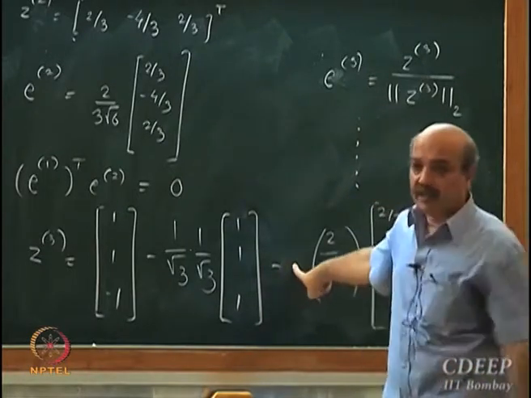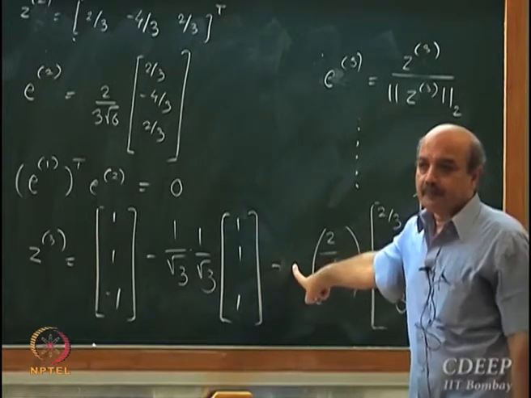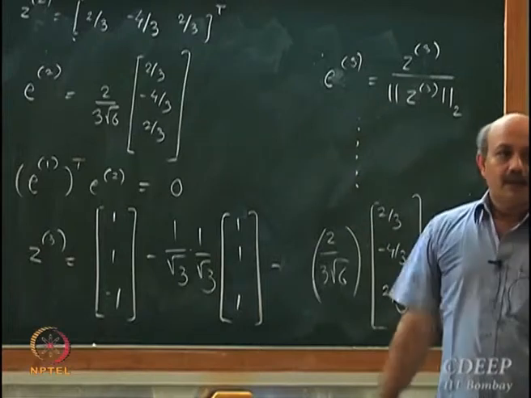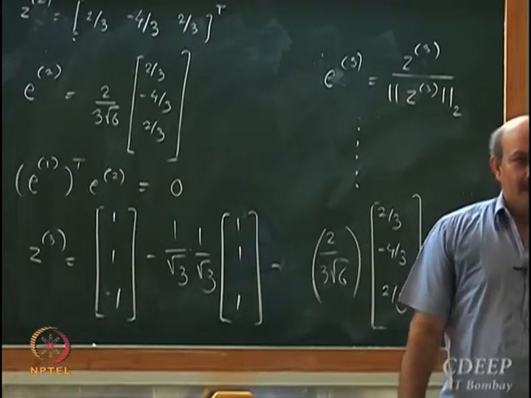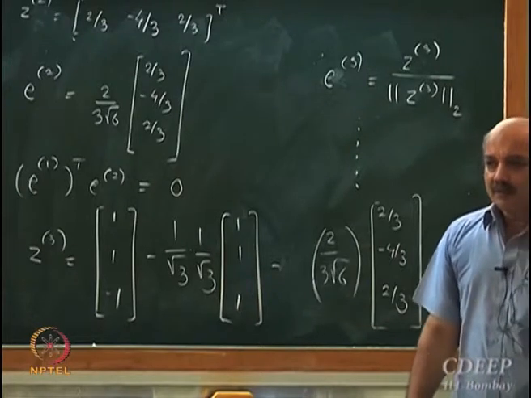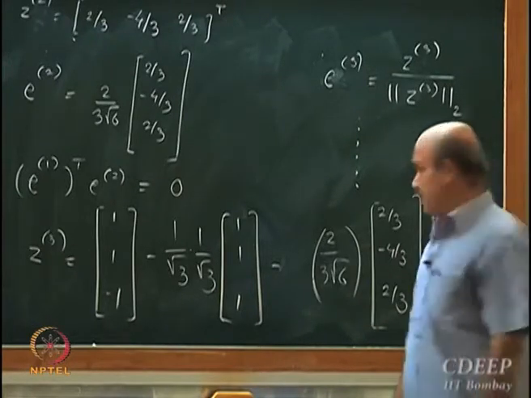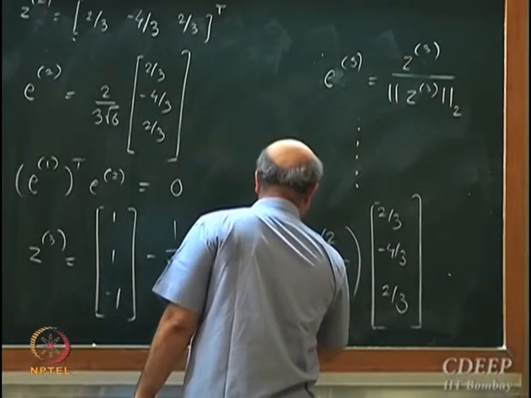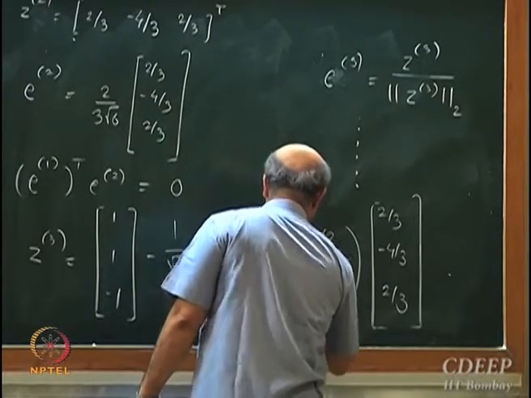What is the number that should appear here? E2 with x3: 2 by root 3, minus 2 by root 6. So this becomes 2 by root 6.